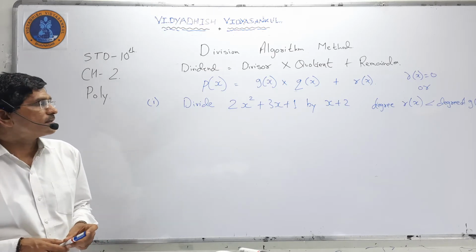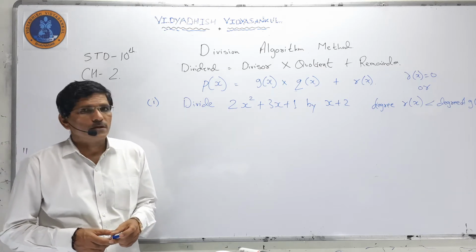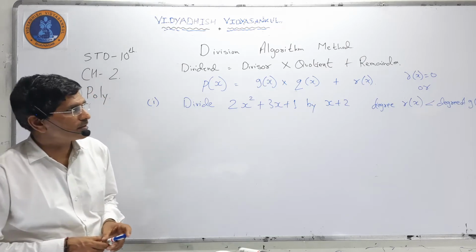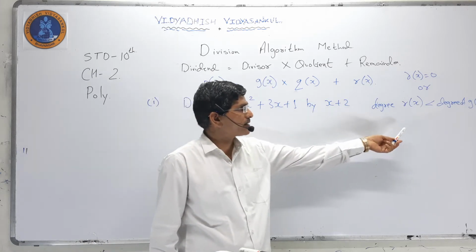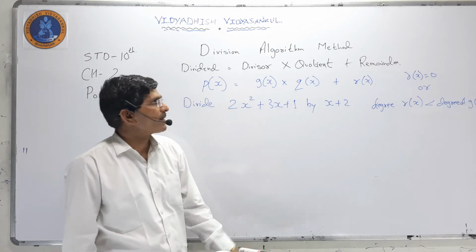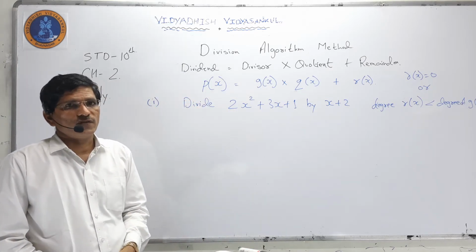P of x is equal to g of x multiplied by q of x plus r of x, where r of x is equal to 0 or degree of r of x is less than degree of g of x. So what does the division algorithm method mean?